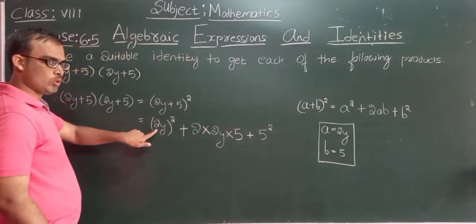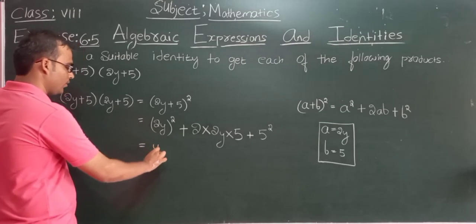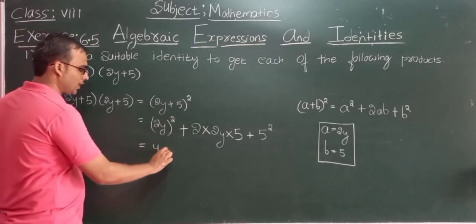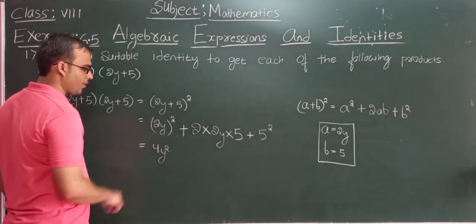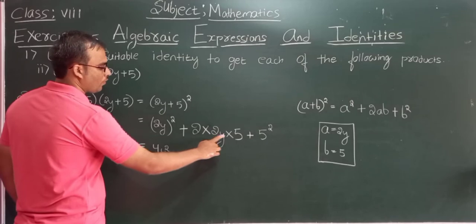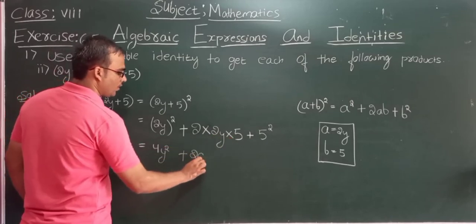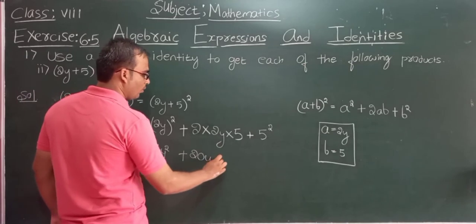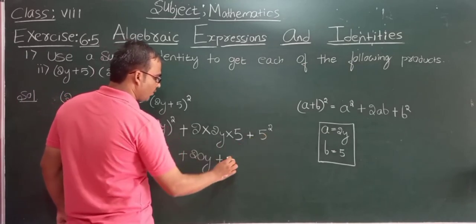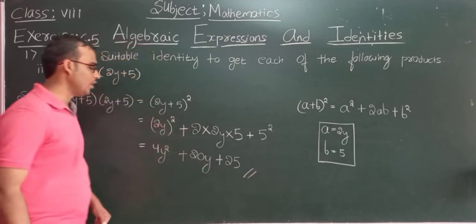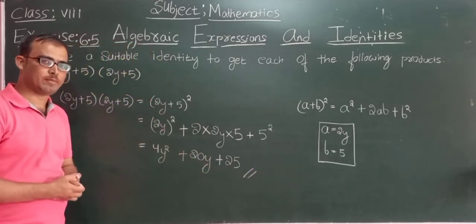Now 2 2s are 4, y square means y into y, plus 2 2s are 4, 4 5s are 20, and here y is there. So write y plus 5 square means 25. Okay. So this will be the solution for the second problem.